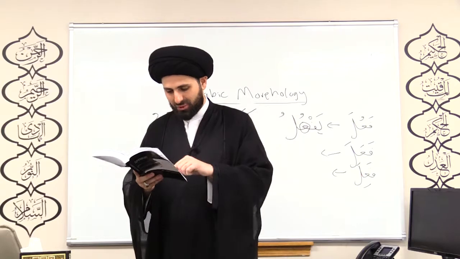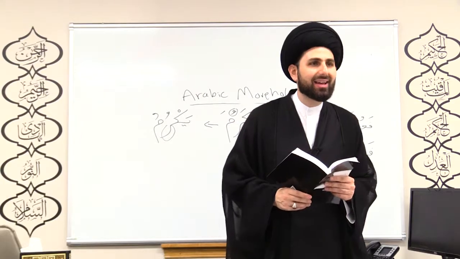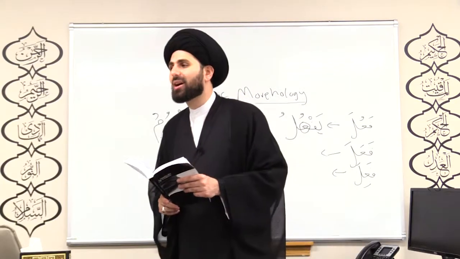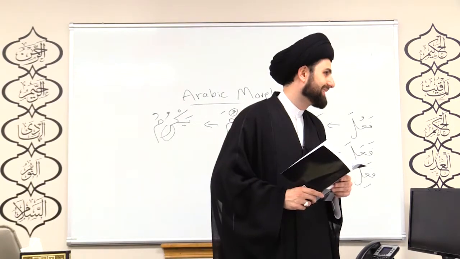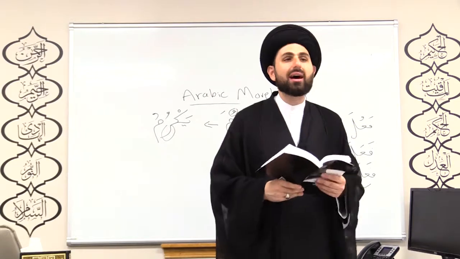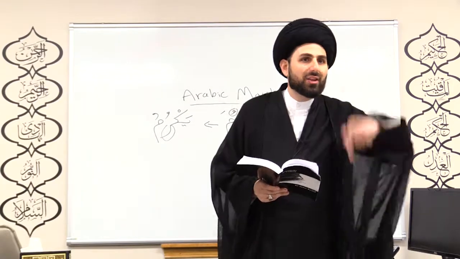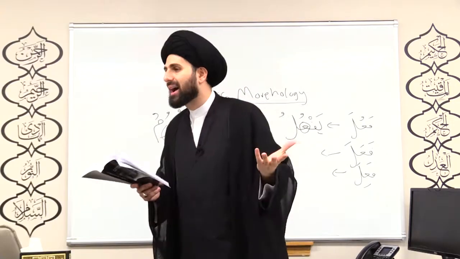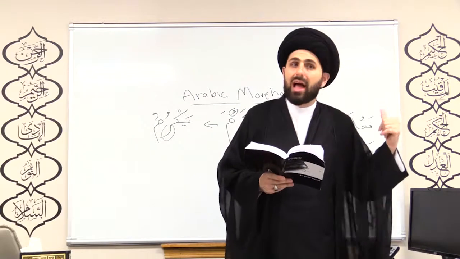Example, look at page 34, look at the first line. For example, nasara is fa'ala, but the mudari' is what? Yansuru. See, it became yaf'ulu. However, daraba is also fa'ala. Daraba, nasara, same thing. But the mudari' of daraba is what? Yadribu with a kasra. Then you also have mana'a, which means to prevent, to stop. Mana'a is fa'ala, same thing.